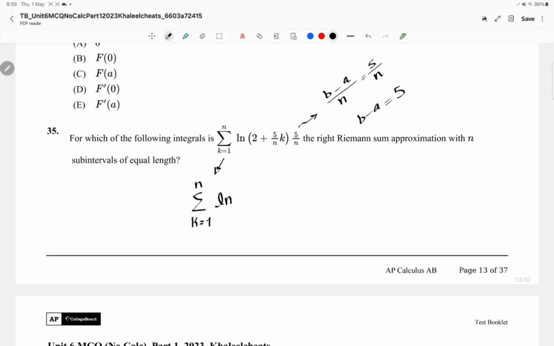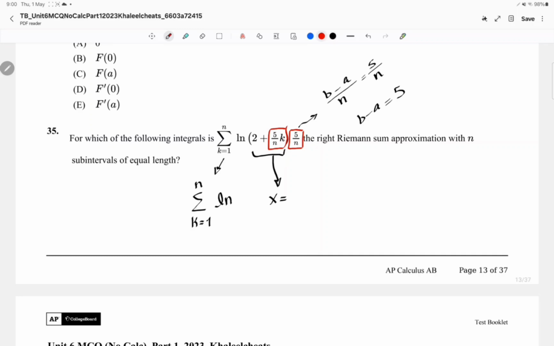Okay. Now, the way to get these problems is to look at the following. If here you have 5 over n, and here you have 5 over n simply with k added to it, that means your life is pretty easy. Why? Because if that is the case, this is going to be your x.